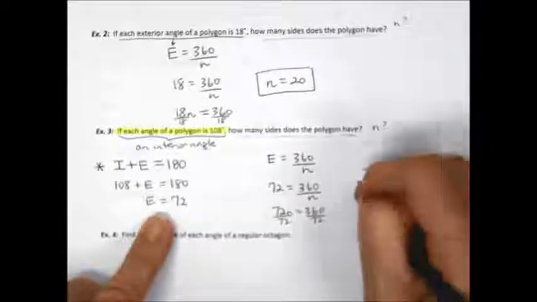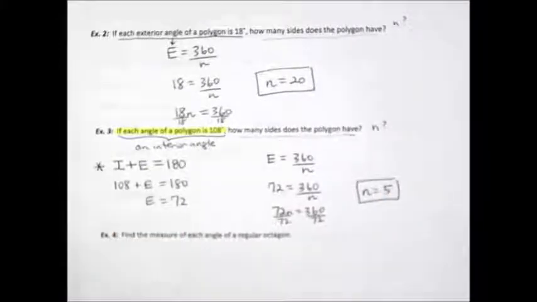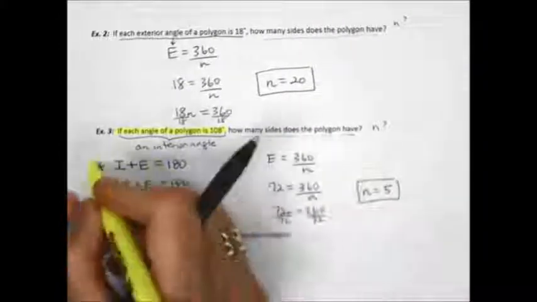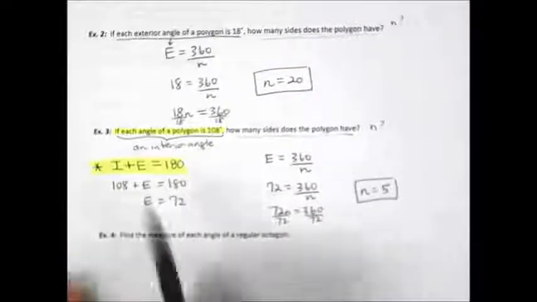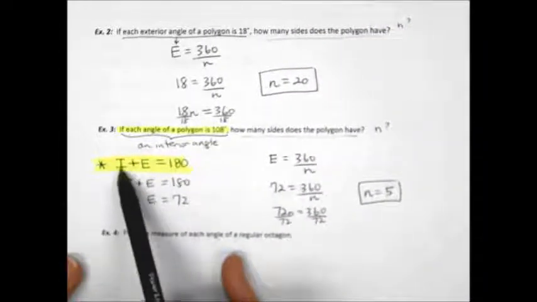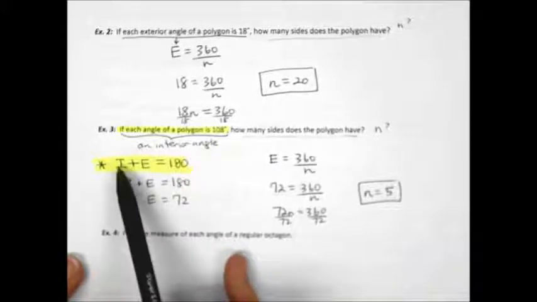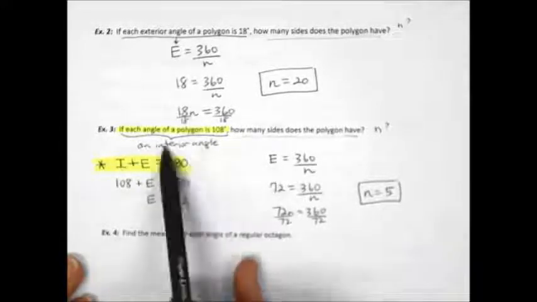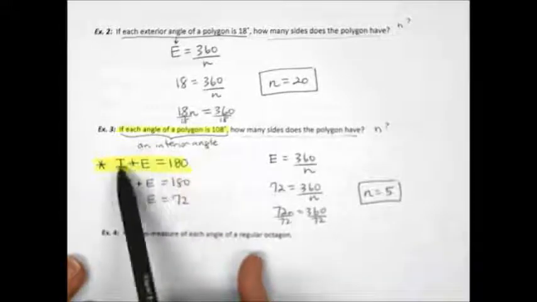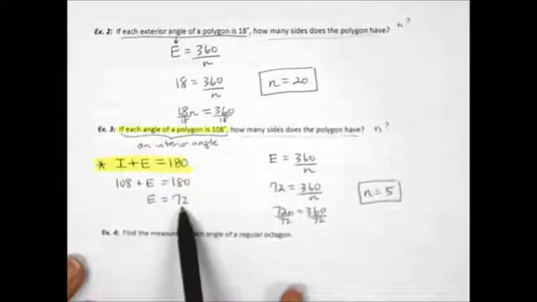And that's what it asks for. So this is really important here because if you don't know this, you're going to have trouble. We do not have a formula for I. The only thing we have with I in it is the fact that I and E together are supplementary. So anytime you're given an interior angle, you can immediately use it to get an exterior angle.